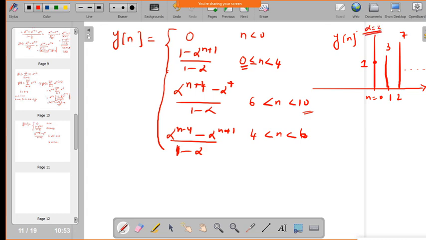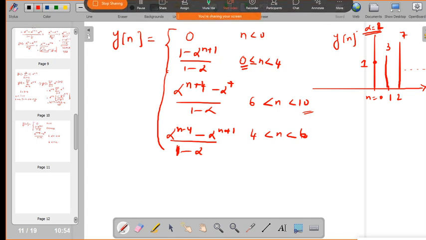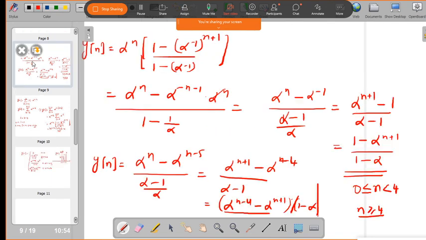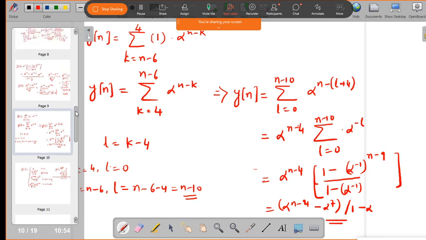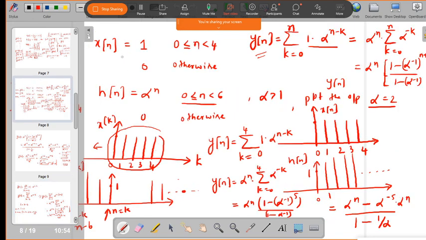Okay, so this is the convolution for the signal whose values we took, and that is the output for this problem.